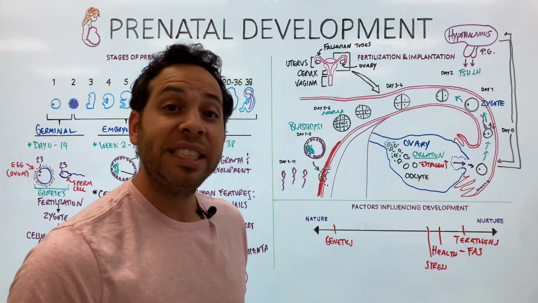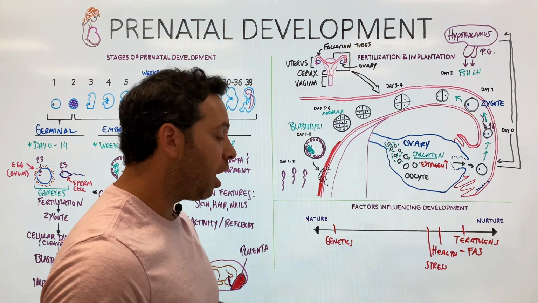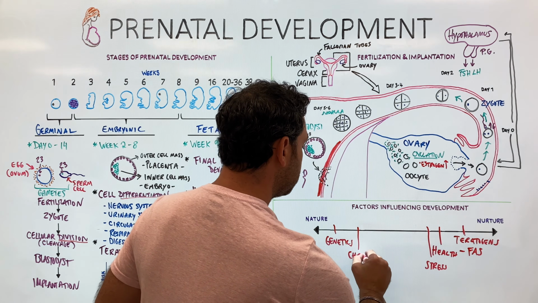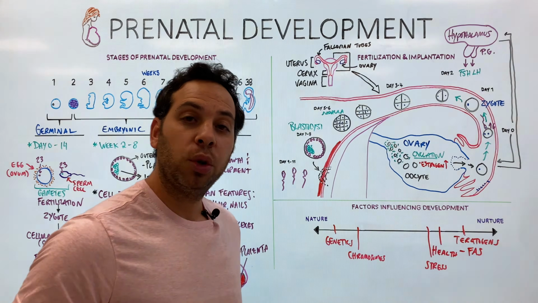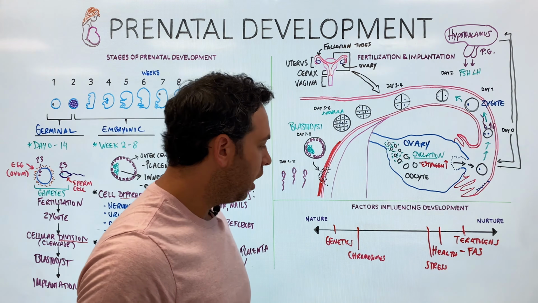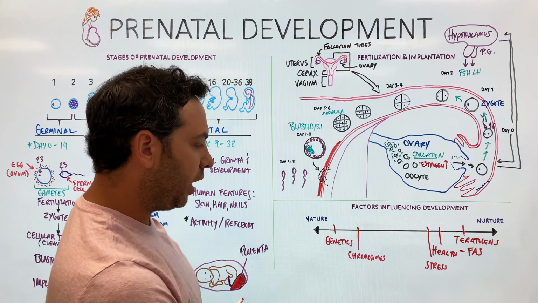Things like Huntington's disease or sickle cell anemia. These are things that are part of the genetic code, or issues with the chromosomes. Like Down syndrome, which is an extra chromosome on the 21st pair or partial chromosome, or Klinefelter syndrome. So you do have genetic and chromosomal as well.